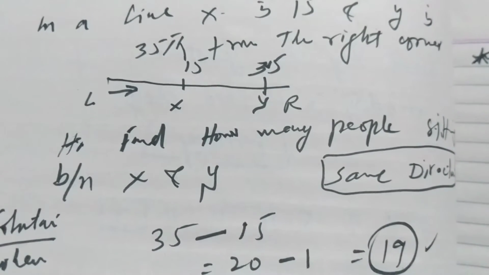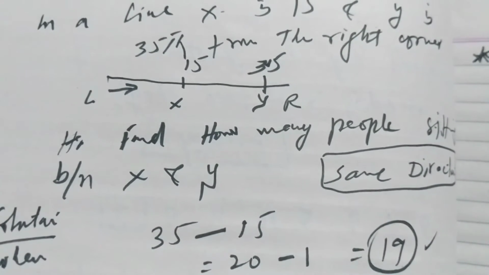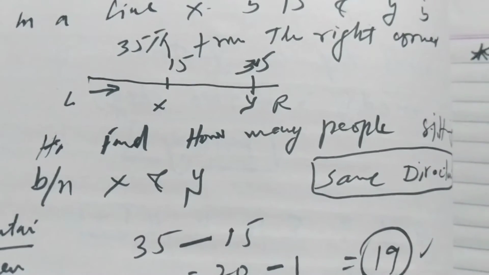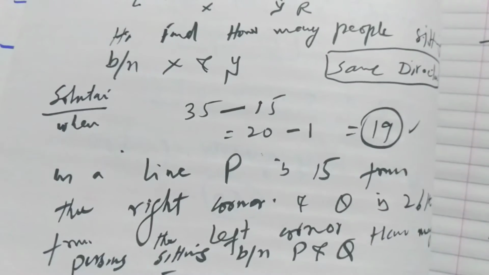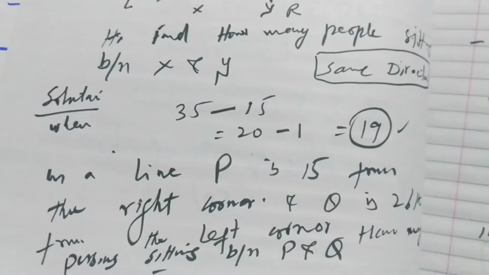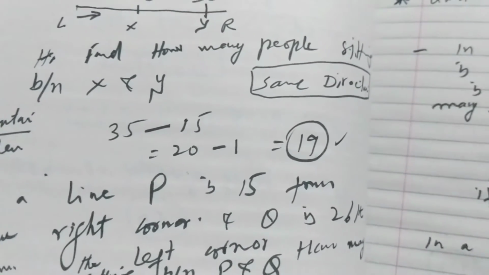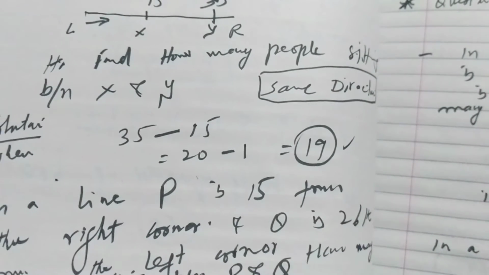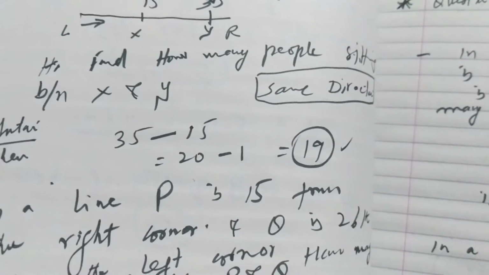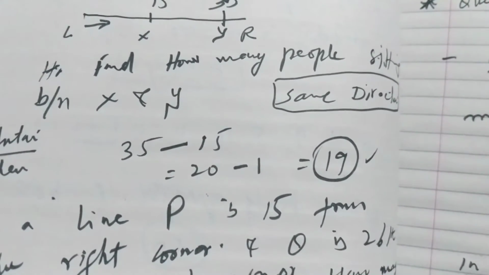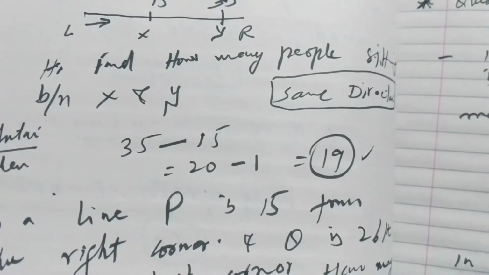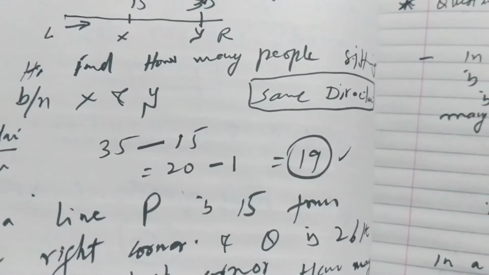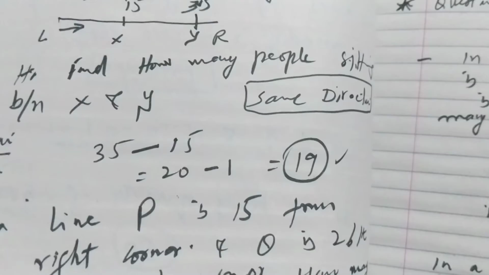X is 15 and Y is 35. The answer is very simple. 35 minus 15 is equal to 20. So you must further subtract 1 from the answer, which is 20 minus 1 equal to 19.